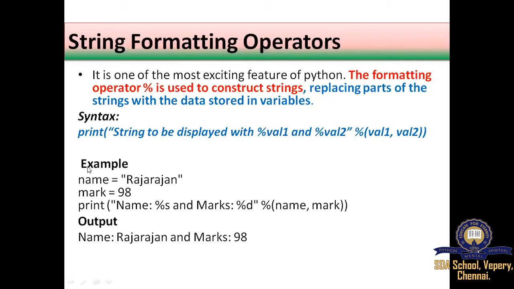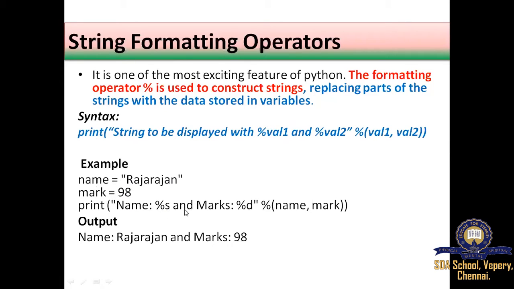Let us take this example. They have declared a string variable named name, and the string assigned to it is Rajarajan. The next variable is mark, and the value assigned to mark is 98.